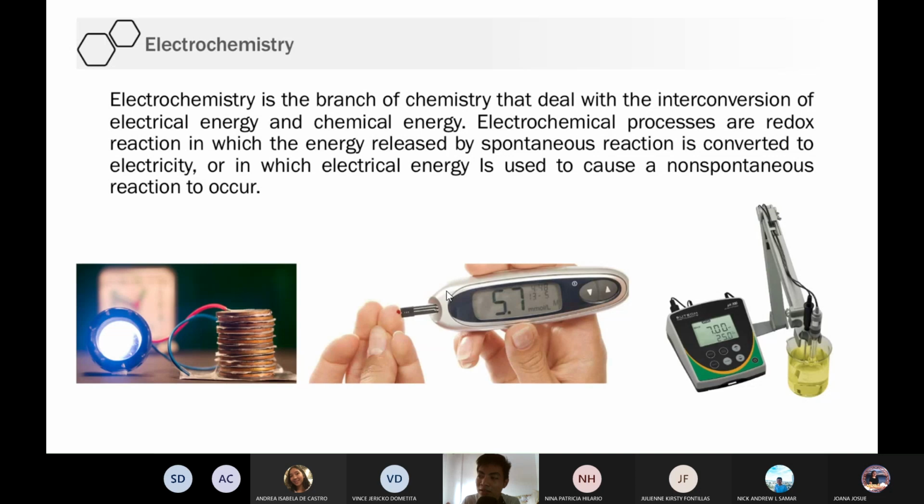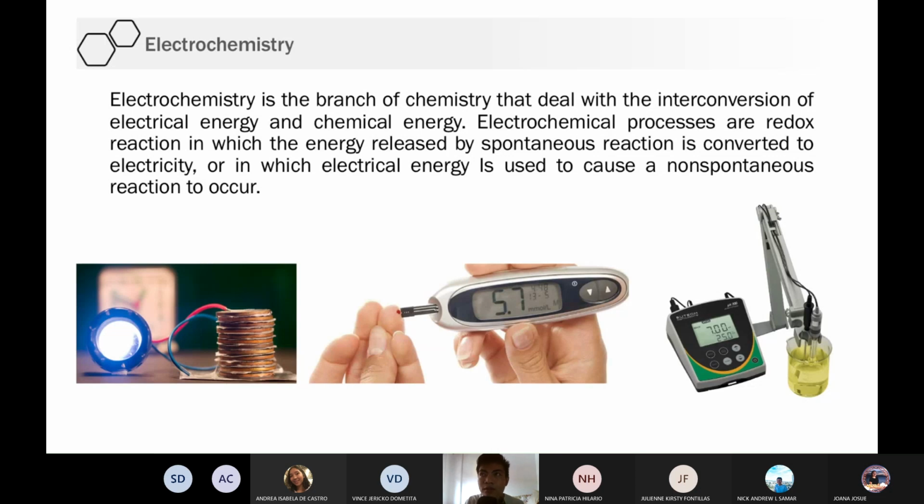So, gumamit kasi ako nito just for fun. Meron ako nito sa bahay. So, yun, mag-pinch ka ng daliri mo, may lalabas na blood. So, yung blood na yun, ipasok mo sa container niya. And what will happen is that this device will determine how much electricity can be passed through the blood.